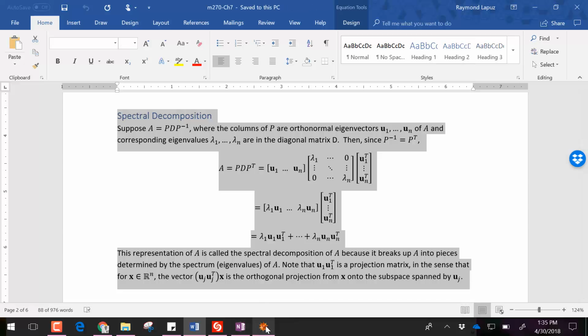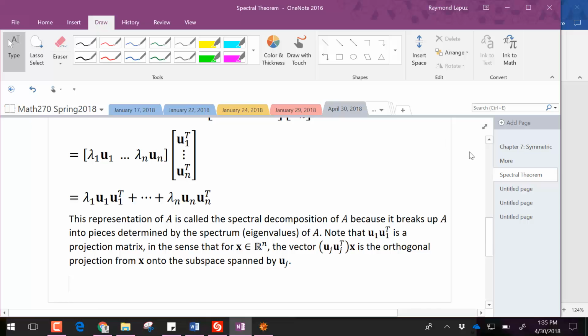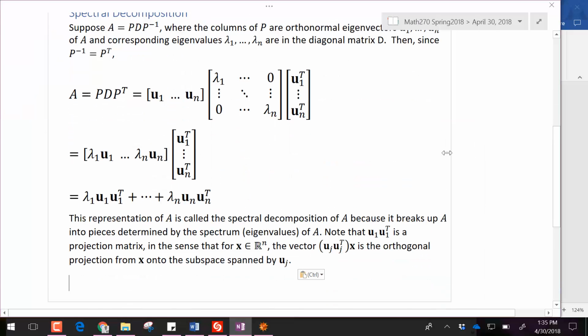There's this thing called the spectral decomposition, and the idea behind it is that we want to be able to take a matrix that's orthogonally diagonalizable and break it down into different components.